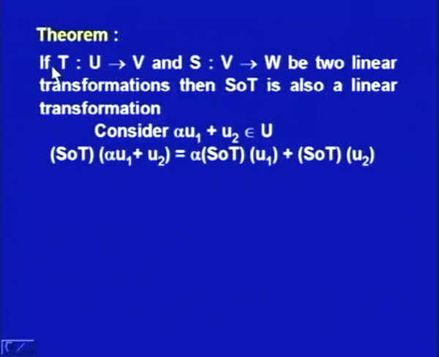That means, if S and T are linear transformations, then the composite of these two will also be a linear transformation. To prove this, we will consider alpha u1 plus u2 belonging to U, and we will prove that S o T of alpha u1 plus u2 is equal to alpha times S o T of u1 plus S o T of u2.